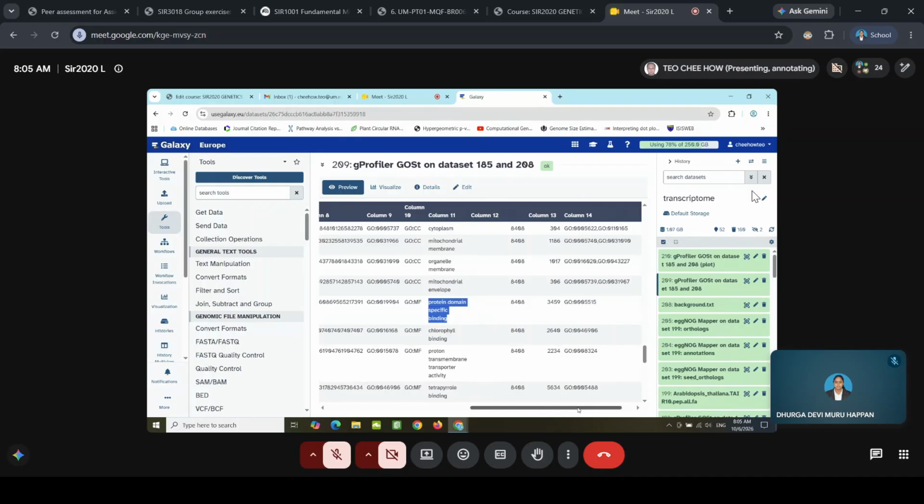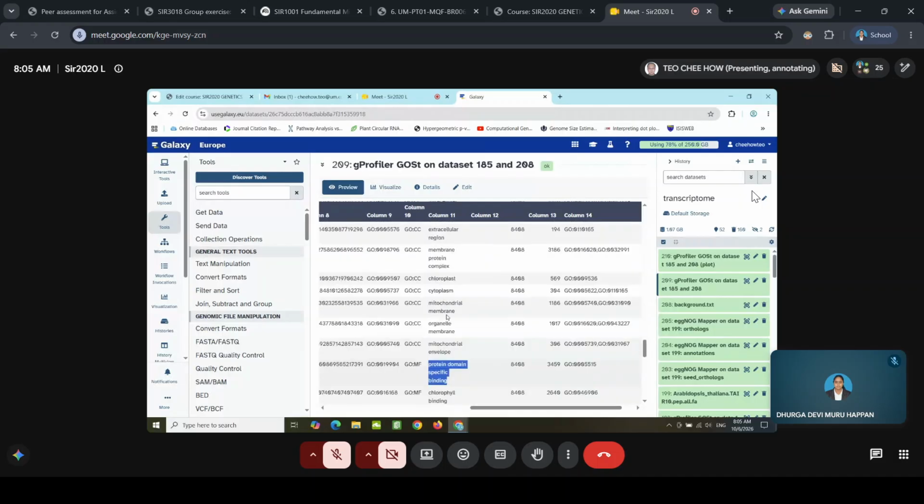So what you need to do is explain this in your result. You can say that the top 3 GO MF terms are these 3, and what kind of function they specify. For example, here maybe involved in photosynthesis, involved in chlorophyll, right? So you need to mention that in these sections of your result.